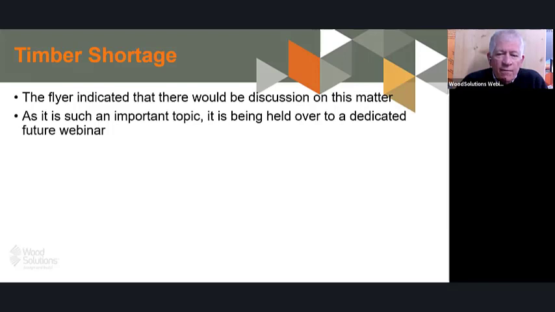So just look out for this one, because it's not an easy discussion to have on what's caused the timber shortage or price increase. There is no real shortage, just a shortage of cheaper wood, which is what really the issue. But it needs to be given serious attention. It couldn't be done in a couple of minutes, which was intended for this original presentation. So let's leave it over to another webinar in the near future.